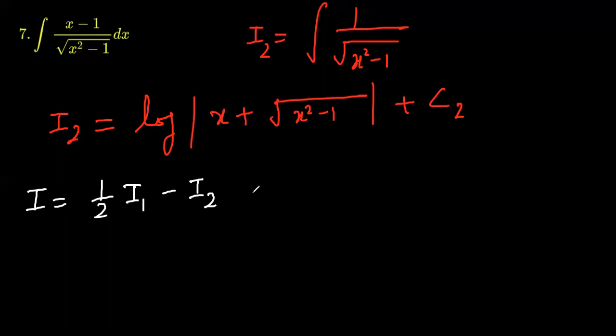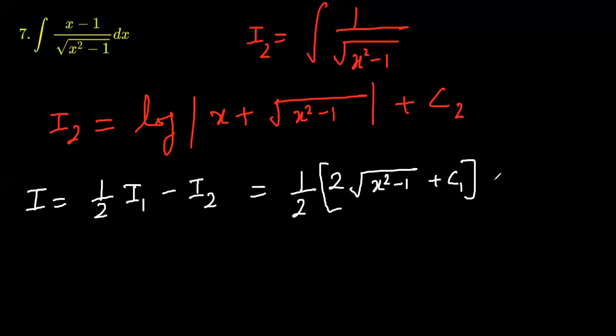I1 was 2 times the square root of x squared minus 1 plus c1. And minus I2, which was log of x plus the square root of x squared minus 1, plus c2.